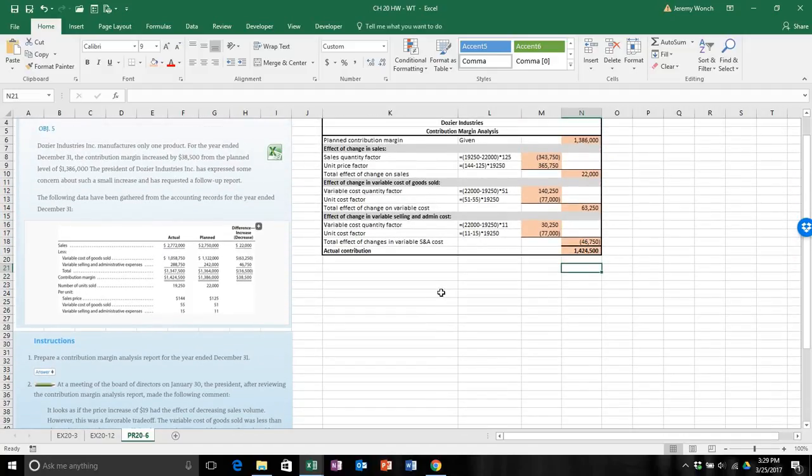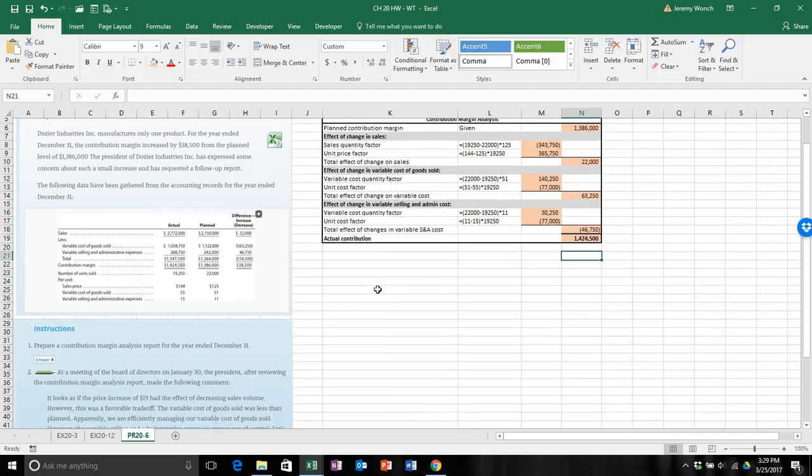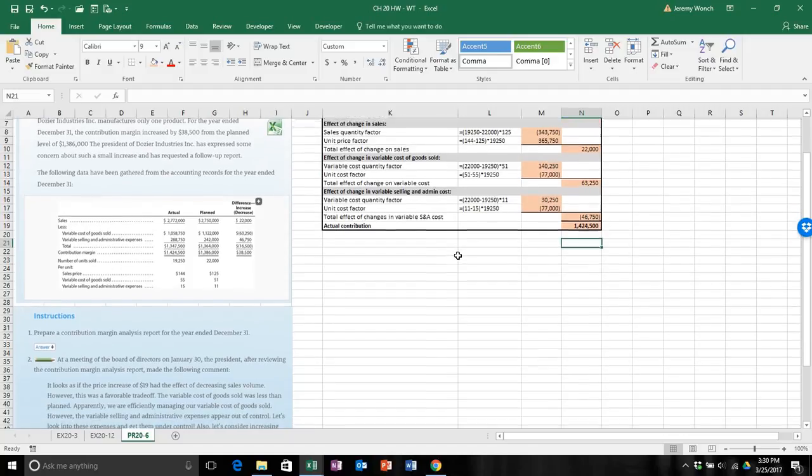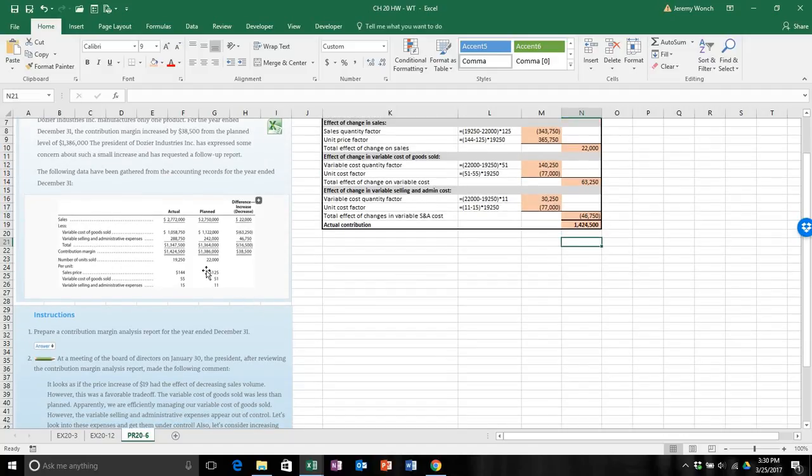However, in this situation, we have higher SG&A costs per unit. That could very well be because we raised our price from 125 to 144. So our salesmen are probably having to do more work to actually convince customers that that's a justified price increase from 125 to 144.